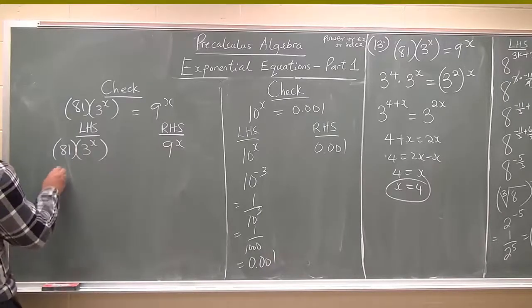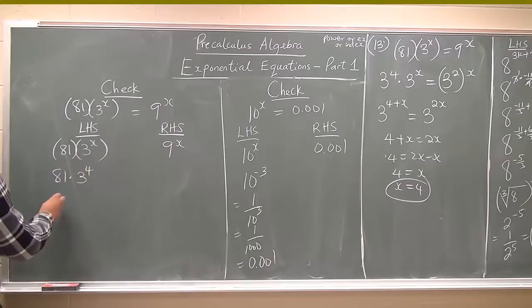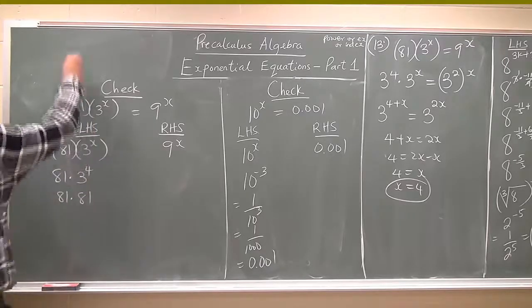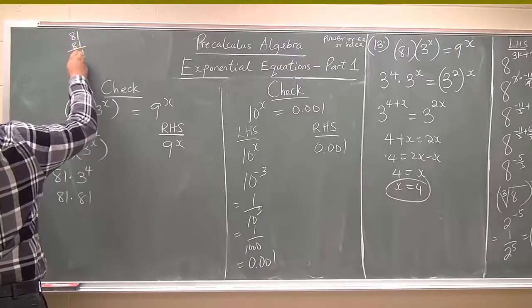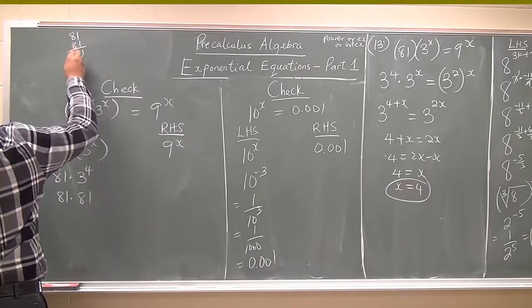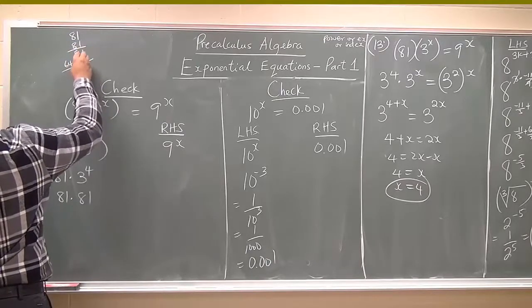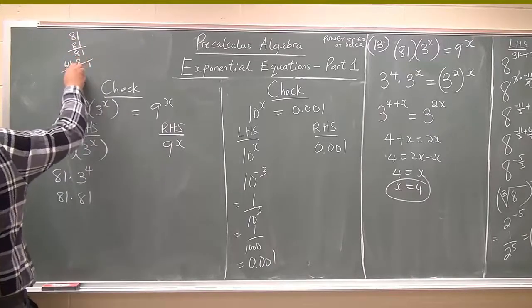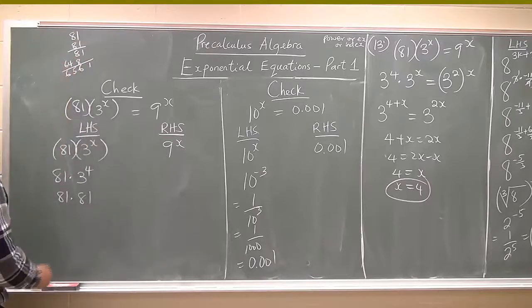So this is 81 times 3 exponent 4, which is 81 times 81. 81 times 81 is what? 8 times 8, 64. 8 plus 8 is 16. Then 5, 6, 6, 1.